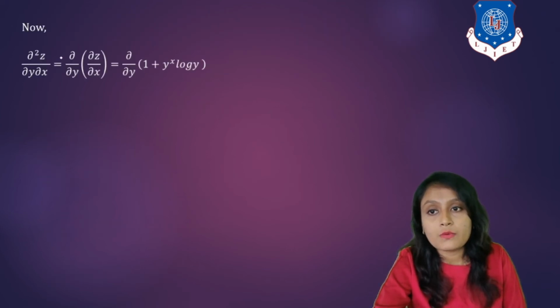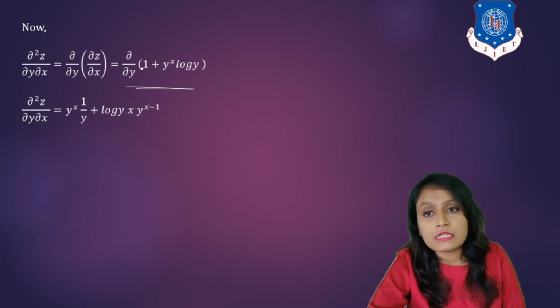Okay, next we will find del square z by del y del x, that is del by del y of del z by del x. Okay, so del z by del x is 1 plus y raised to x into log y. Now we have to take the derivative of this term with respect to y, keeping x as a constant. Okay, so take the derivative. So firstly the derivative of 1 is 0. So here we have to apply the uv rule, right?